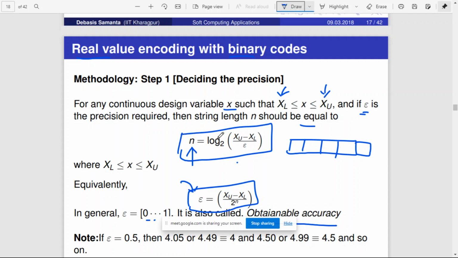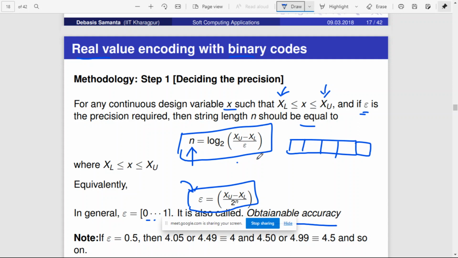When you convert it to a binary value, using how many bits it can be represented. What are xl and xu? x can take values only within this range. What is epsilon? What values can it take? Any value between 0 and 1.